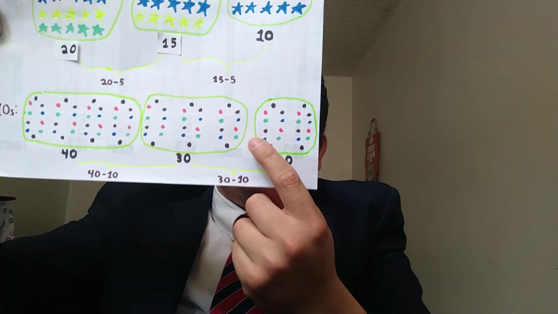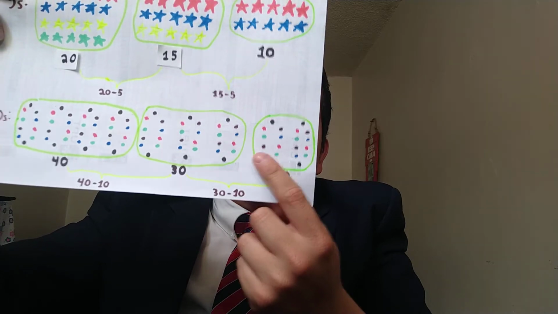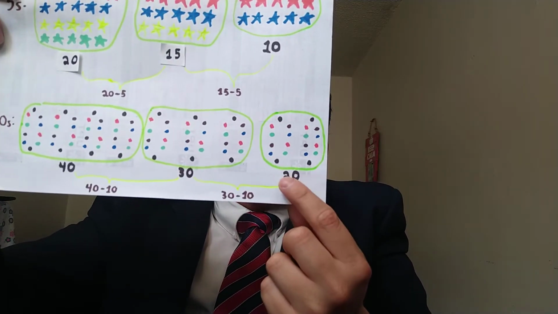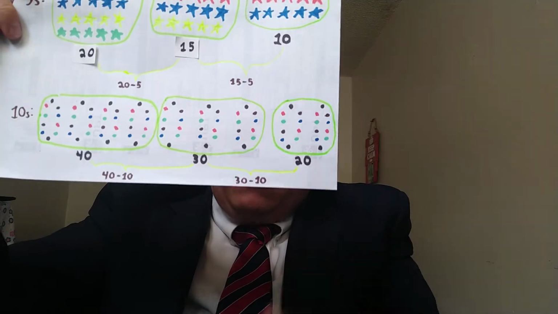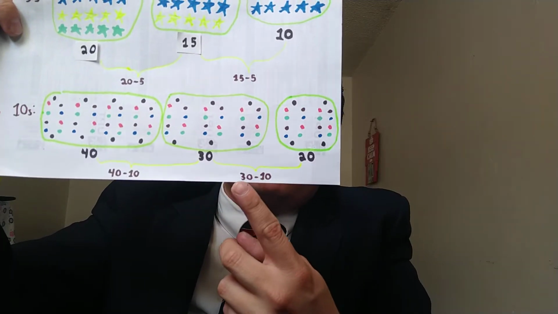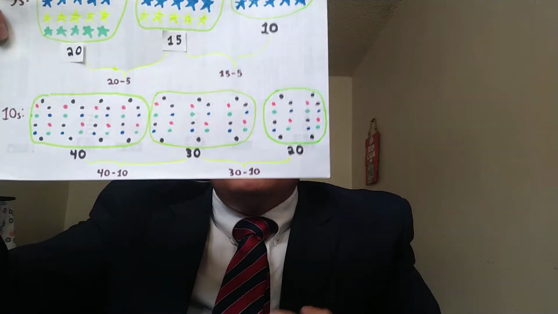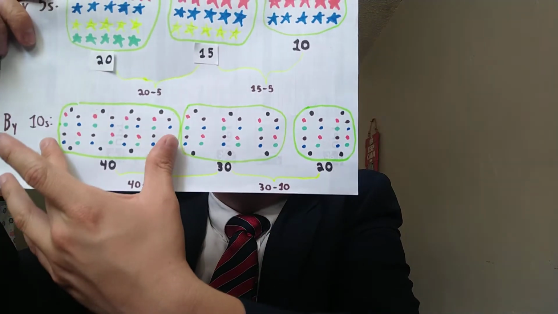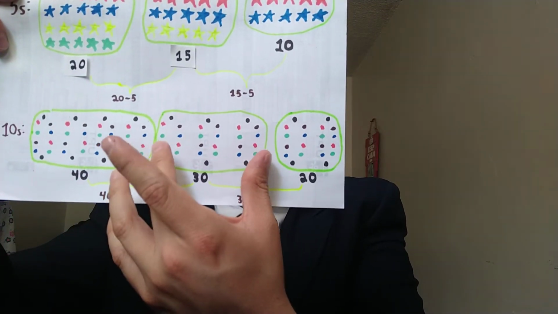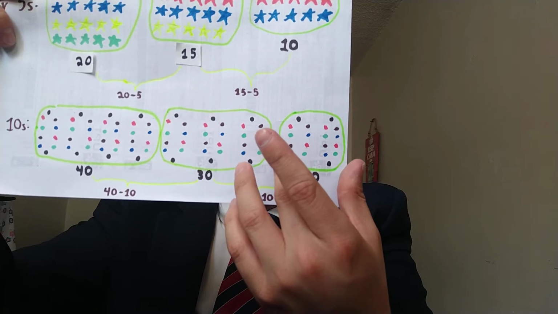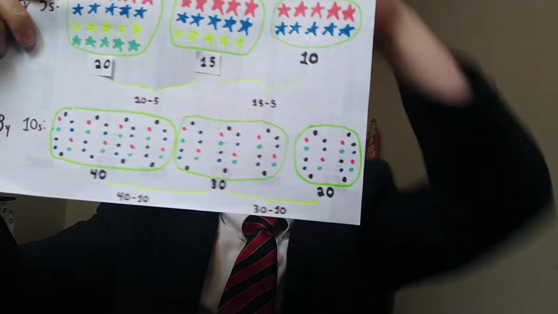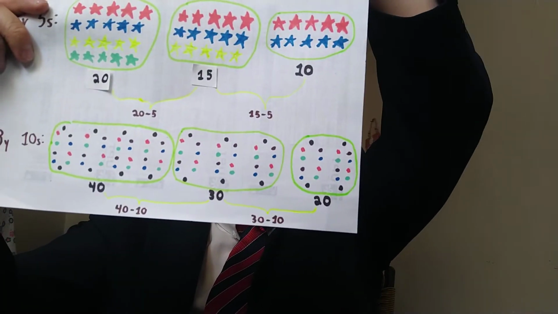So check this out. 10, 20. That's the number that we have here. And if we check, it is the representation of 30 minus 10. We begin with a bigger group and we are making it smaller. That's what we do by counting by grouping backward, not forward, backward, okay?